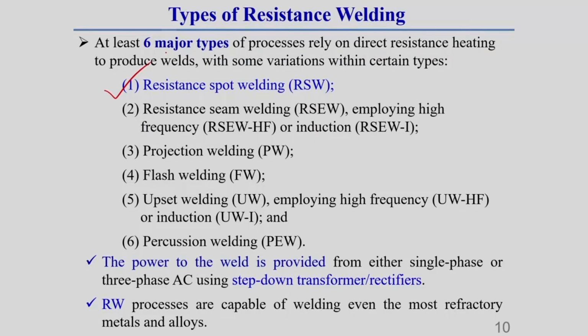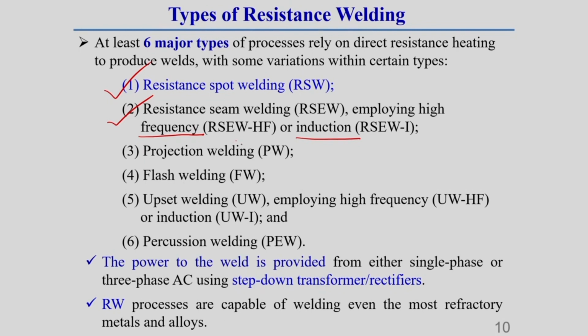The first one is resistance spot welding, which I have already discussed in detail in the previous lecture, and the second one is called resistance seam welding. This resistance seam welding has some variants: it can be operated using high frequency AC current, as well as induction heating. So, resistance seam welding, represented as RSEW, can have 2 categories.